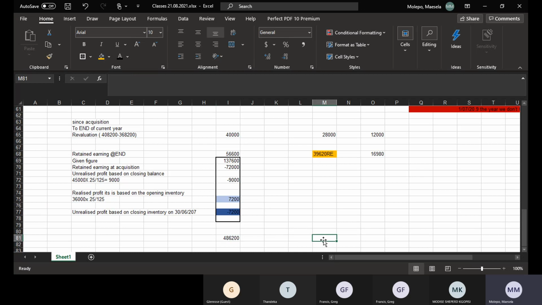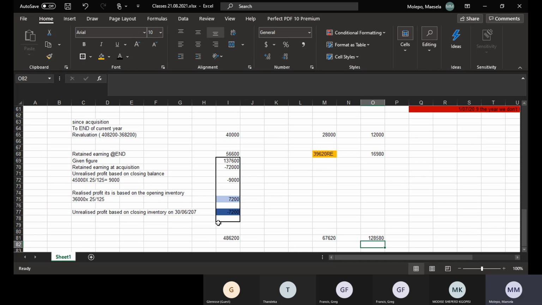Here we have 28,000, which we can add together, both of them: 28 plus 39,620. So the total here was supposed to be 67,620. And then here we have a total of 128,580.